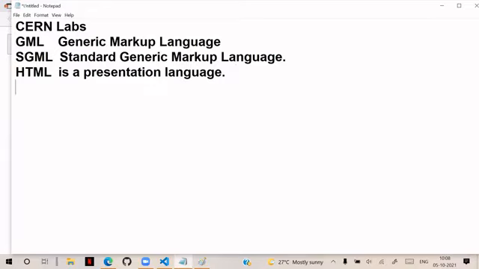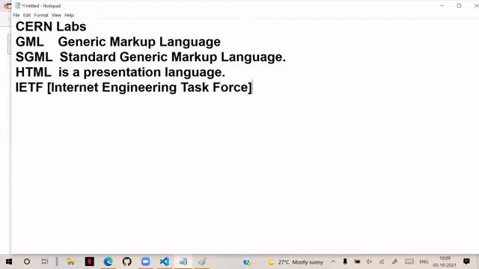And very important, after he designed HTML, he gave the responsibility of HTML to a group called IETF, the Internet Engineering Task Force.